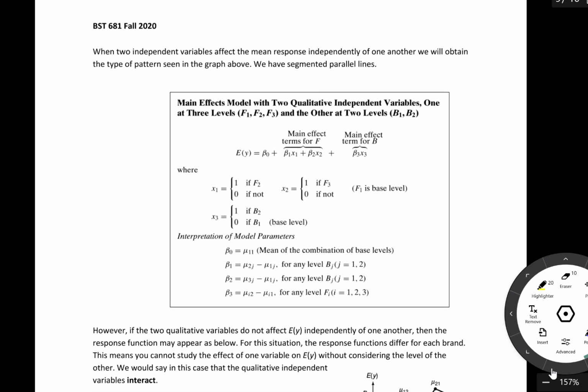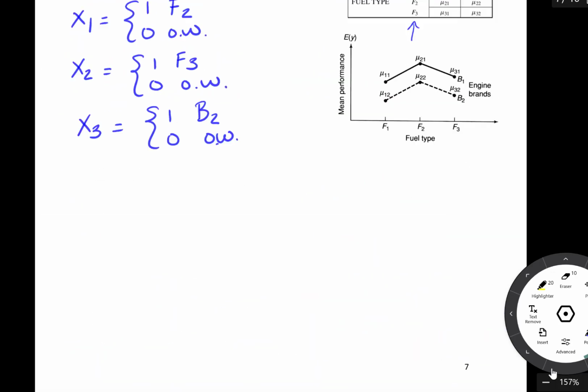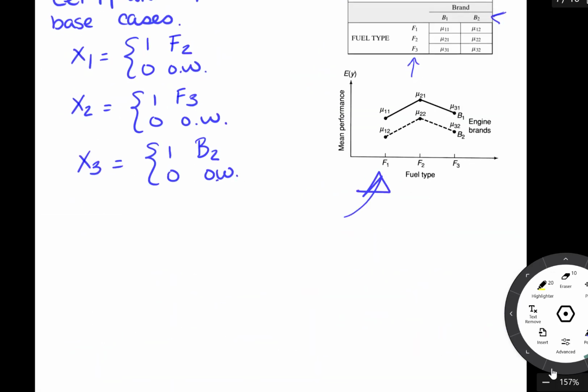So when 2 independent variables affect the mean response independently of one another, we obtain a type of pattern seen in that graph above. In other words, we end up with these segmented parallel lines that we see right here. So again, this goes back to this idea: when you have variables that are independent, you're going to end up with parallel lines.